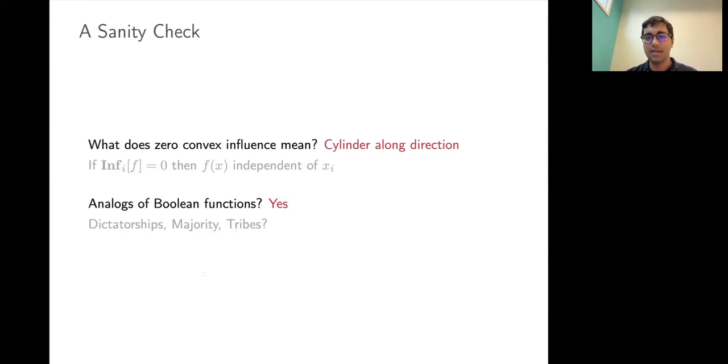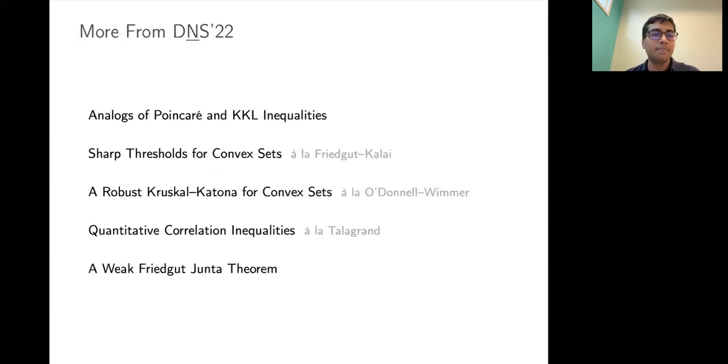We know what zero convex influence means, and we have analogs of Boolean functions for symmetric convex sets. But we showed that this analogy is actually significantly deeper. You can get analogs of the Poincaré and Kahn-Kalai-Linial inequalities.